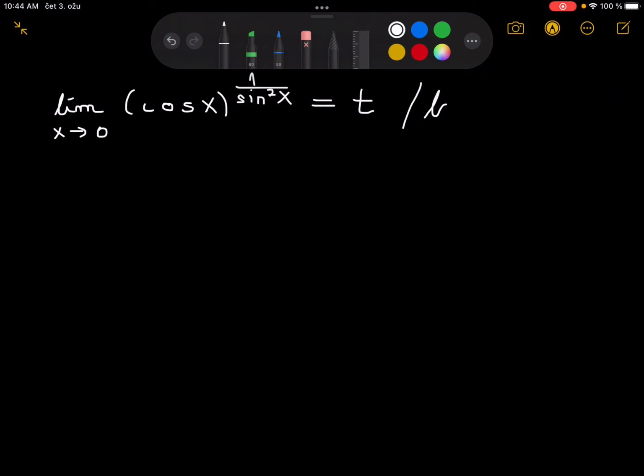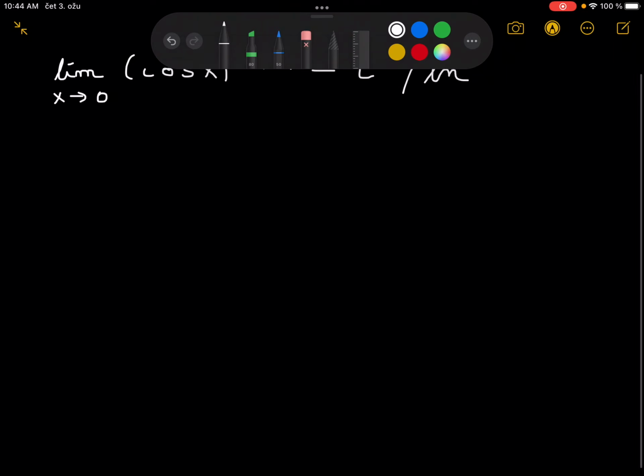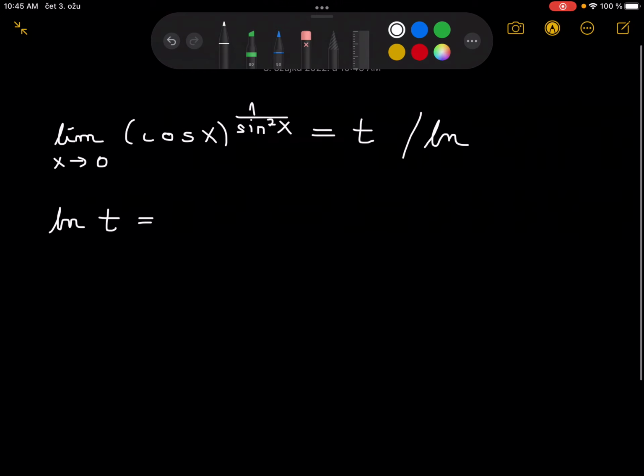Now I'm going to take the natural log of both sides, and that will give me that ln of t is equal to the ln of the limit of this value.